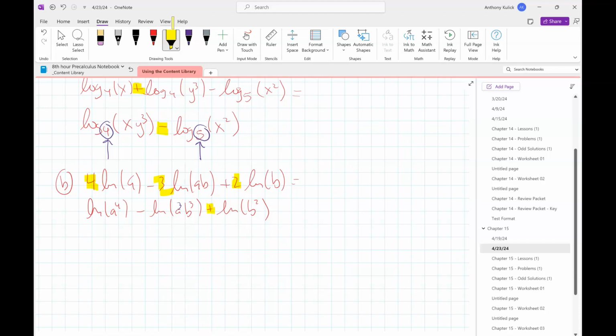What two logs do I need to combine into the product property? Yes, very good. Why can't I combine the middle and the last where it looks like the addition is?